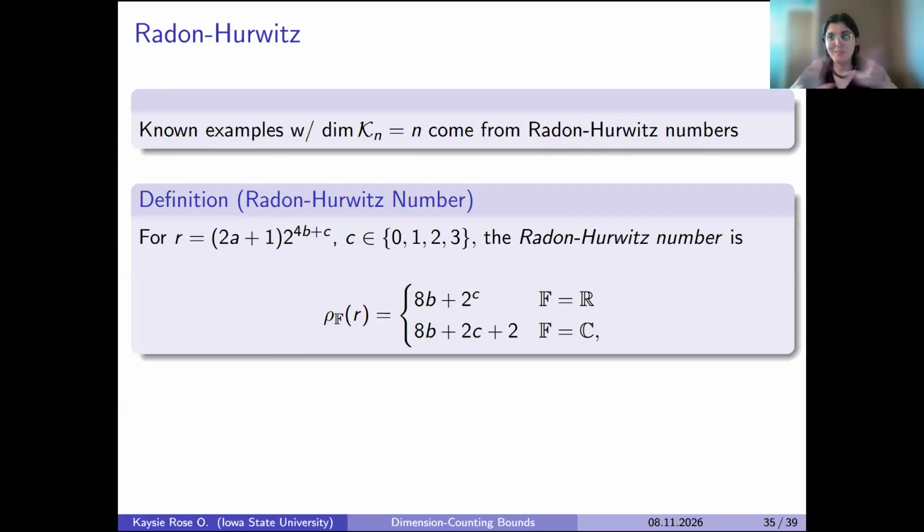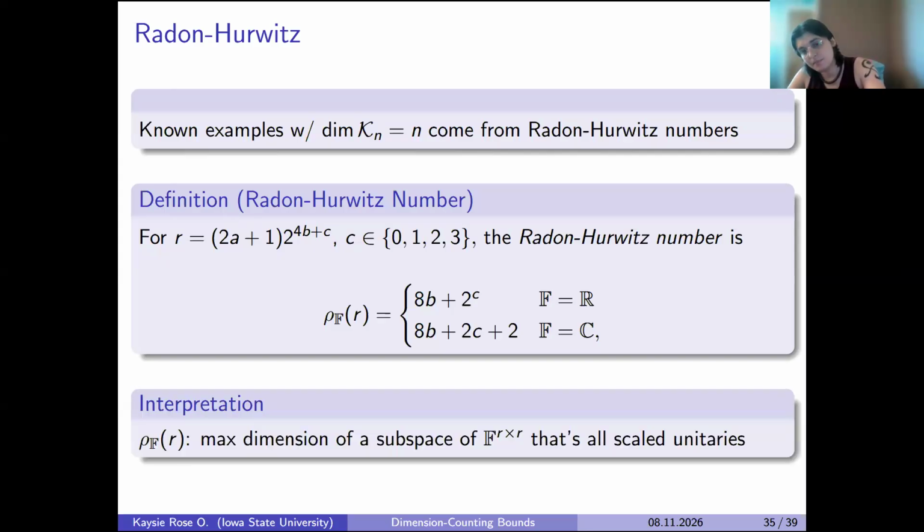You don't have to memorize that, but we're going to use this value. And it turns out the definition of this is the max dimension of a subspace of F r by r that is all scaled unitaries. And I do think it's kind of interesting that this value is this.